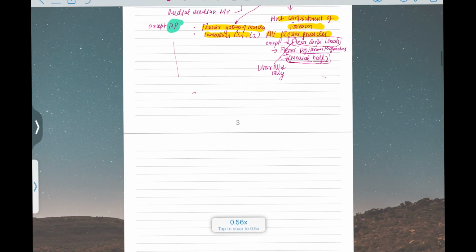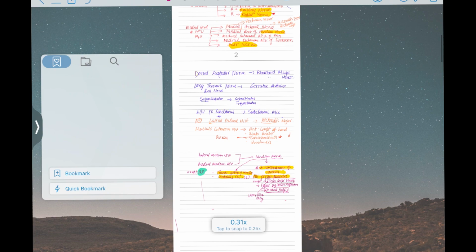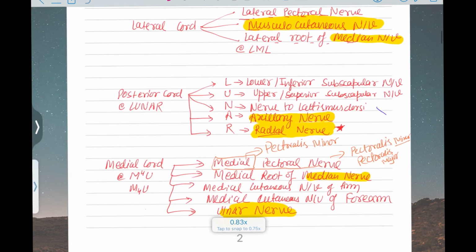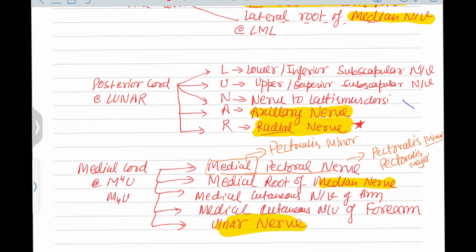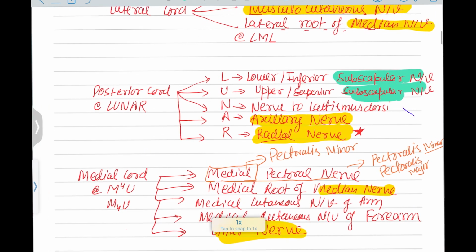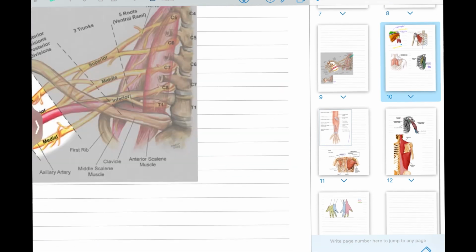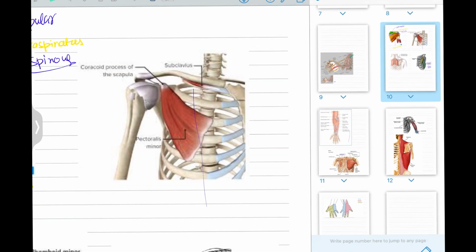So we have already done the medial, lateral, and the musculocutaneous nerve. Now we will move to the lower and upper subscapular nerves. Let me write it here, it's easy. These two nerves, the upper and lower subscapular nerves, are going to supply the subscapularis only, that is located in the anterior region of your scapula.